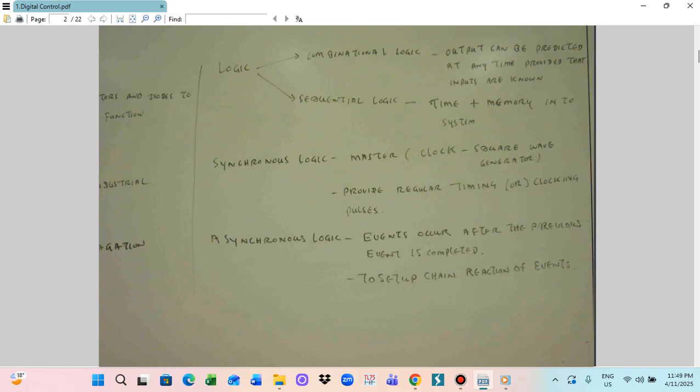Asynchronous logic means the output only depends on the previous event being completed, so we set up the chain reaction of events. So depending on the industrial application, you have to select synchronous logic or asynchronous logic.